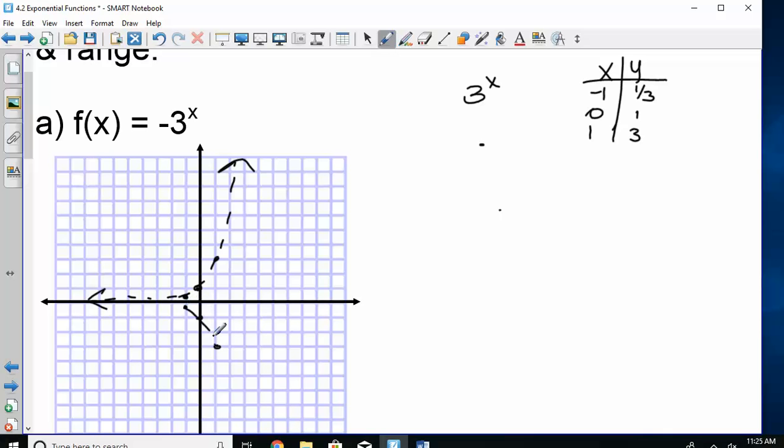And so I get a very similar looking graph, it's just upside down. Domain. That'll be the case every time.